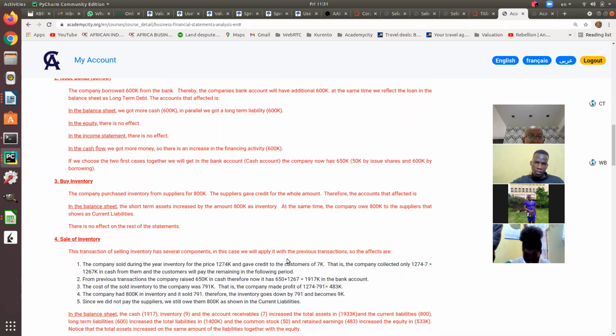When we say we sold shoes for the amount of $1,274, that's my revenue. But the example says that we gave credit to customers of $7,000. In other words, we didn't collect all the amount in cash. We only collected the difference: 1,274 minus 7 is the amount of cash we collected from customers.